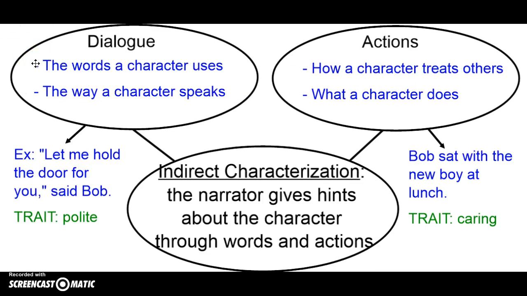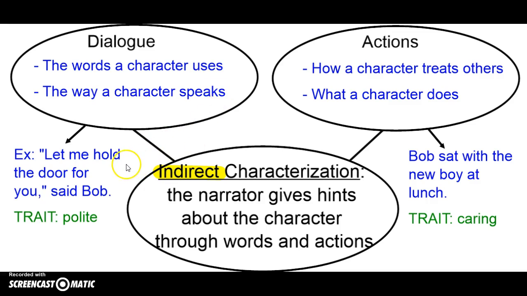Another way that authors characterize, and this one's way more interesting, is indirect characterization. In indirect characterization, the narrator gives us hints about the character through words and actions. Okay, so for example, this might be done through dialogue, the words a character uses, the way a character speaks.